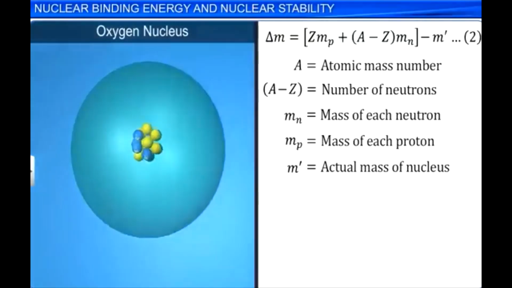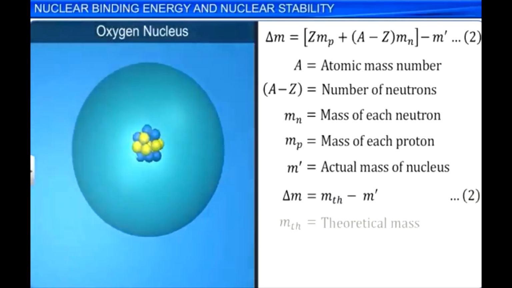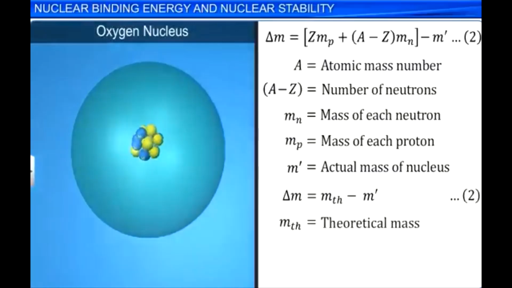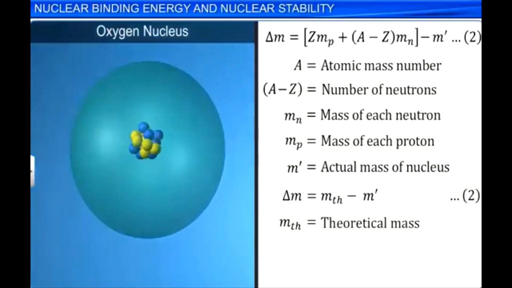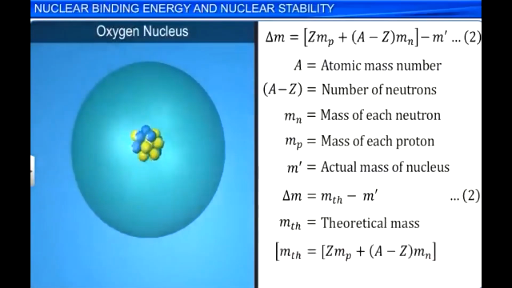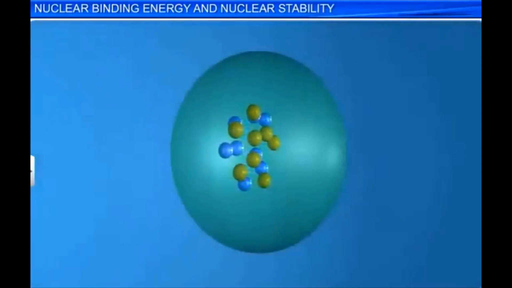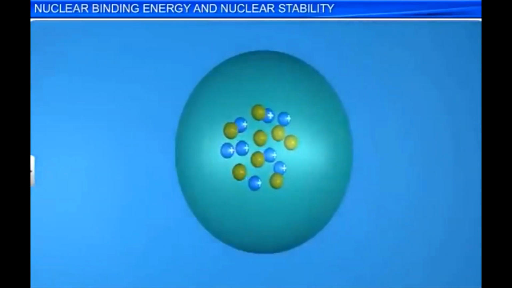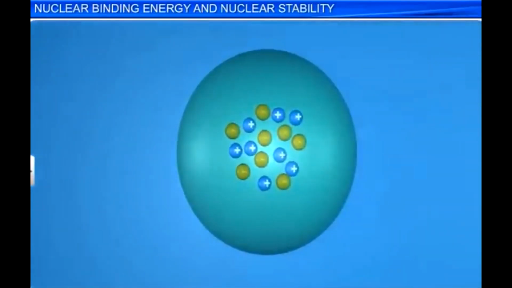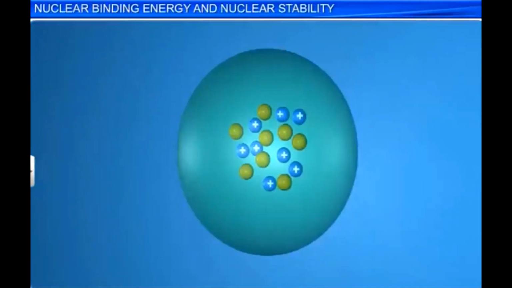Equation 2 can also be written as MTH minus M', where MTH is the theoretical mass of the nucleus, which is equal to Z into Mp plus (A minus Z) into Mn. Since the mass of the nucleus is less than the sum of the masses of its constituents, there exists a mass defect.